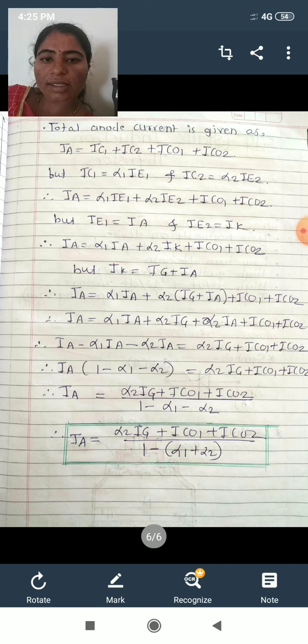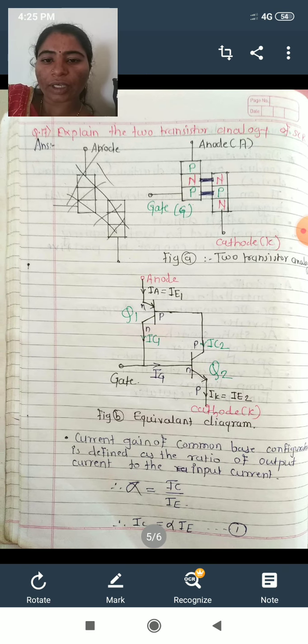Now see in the figure, IE1 is the emitter current, the input current flowing through transistor 1, and it is equivalent to the anode current. Similarly, the cathode current IK is equal to IE2, the emitter current of transistor 2.